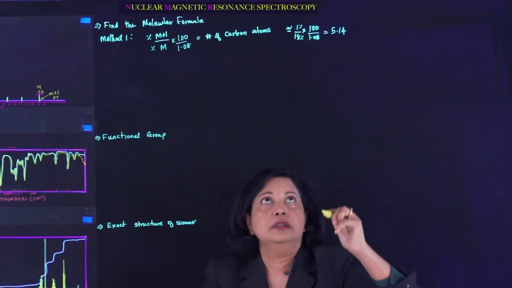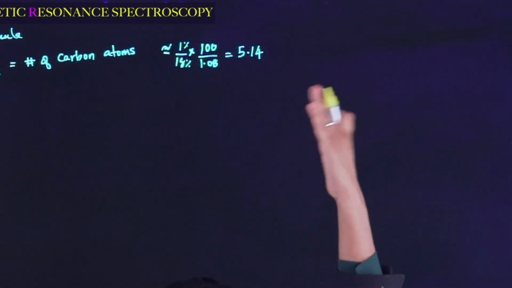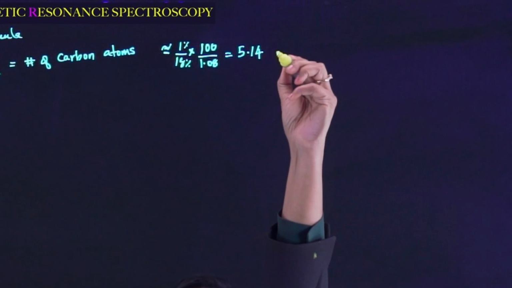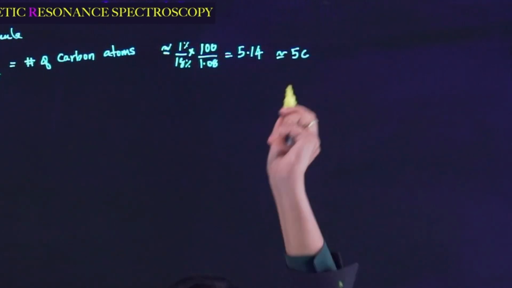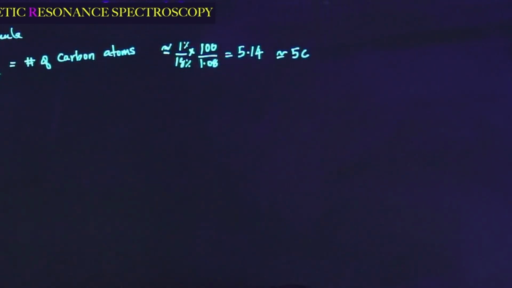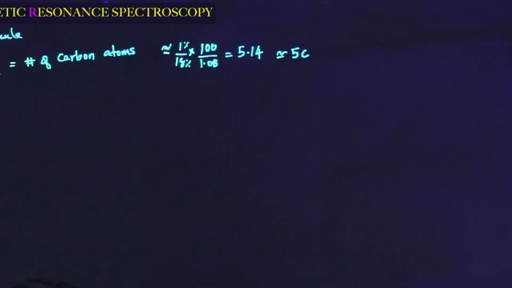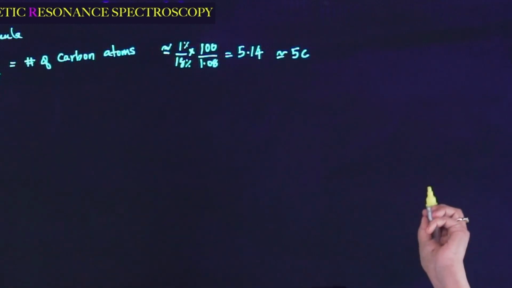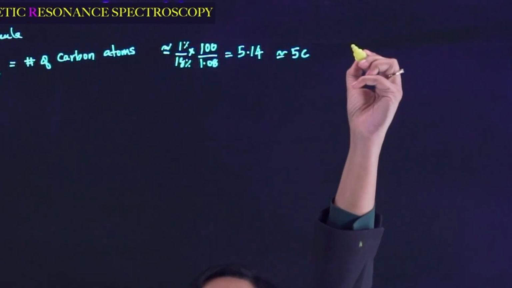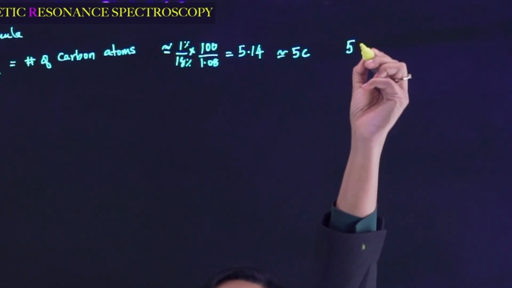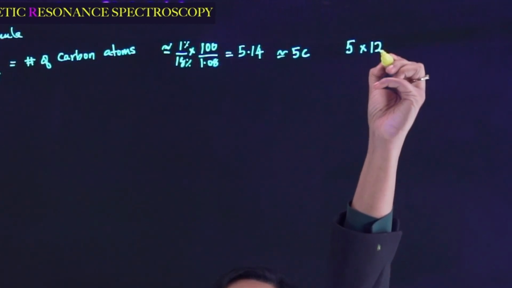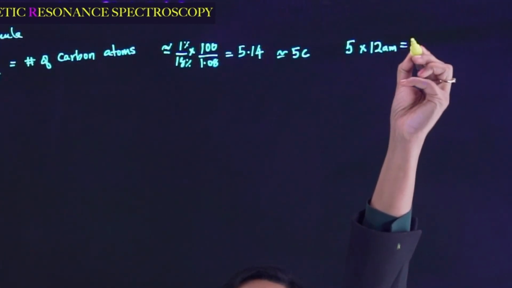You know that's impossible, because carbon is a whole number of atoms. So therefore, it's about 5 carbons. If you had 5 carbons and only 5 carbons, that wouldn't really work out, because 5 carbons times 12 AMU per carbon is 60.